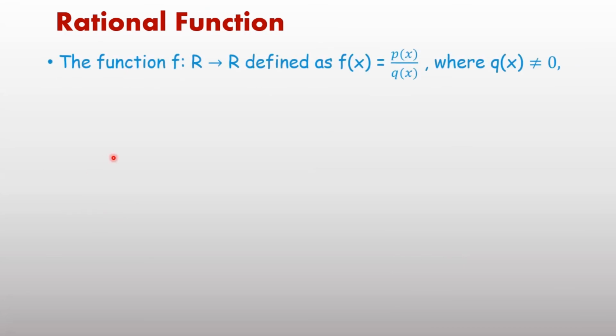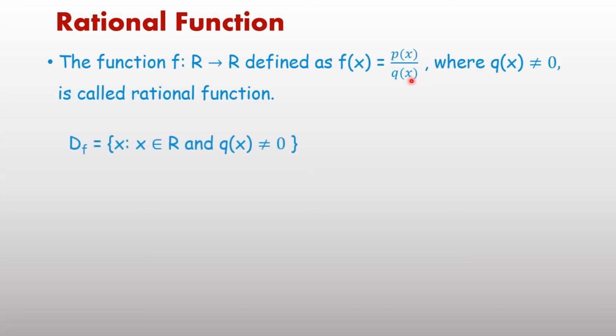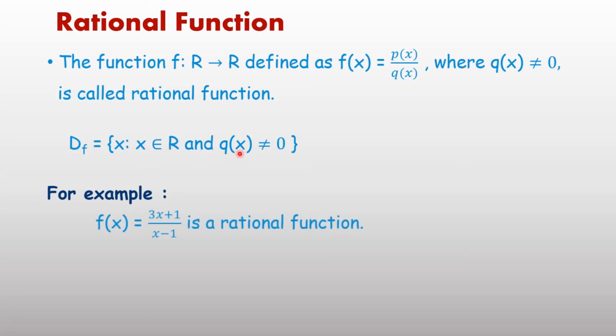Rational function. A function in the form of p(x) upon q(x) is known as a rational function where q(x) not equal to 0. Domain of this function, x belongs to all real numbers except the points at which the denominator is 0.